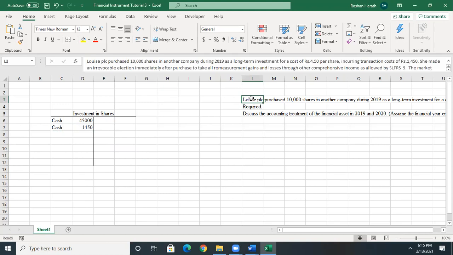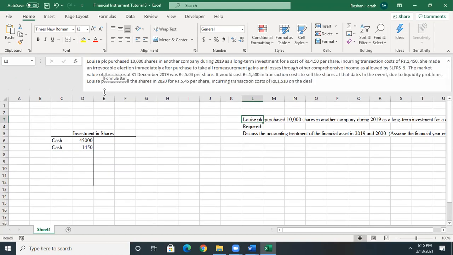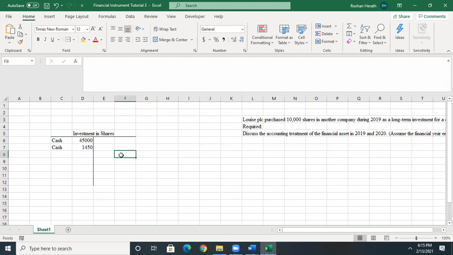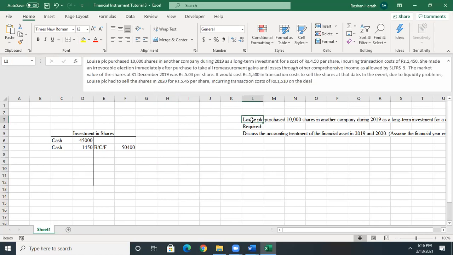Then the reporting date comes. You need to remeasure that. And the remeasurement, how about the value per share? As at 31st December 2019, it stood at 5.04. So you can take the balance carried forward, the remeasurement per share 5.04 into 10,000 shares. And here the tricky aspect is that at that point you are given the transaction cost.